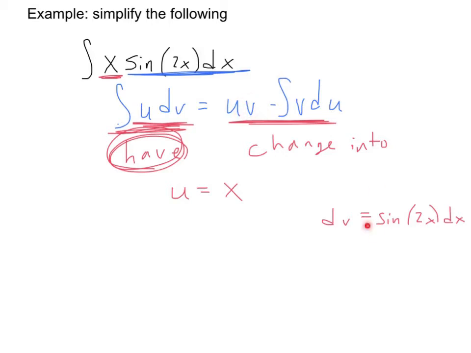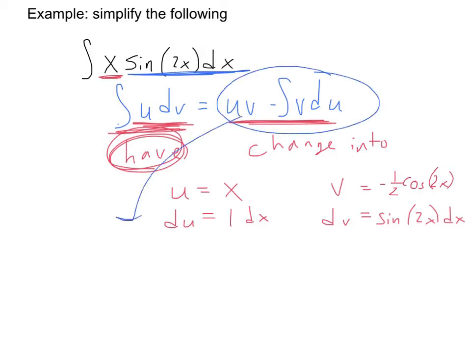I need to have taken the integral of this. So first, what is du? Well, du is 1 dx. And what's v? v is the integral of the sine of 2x dx, which is negative 1/2 cosine 2x.